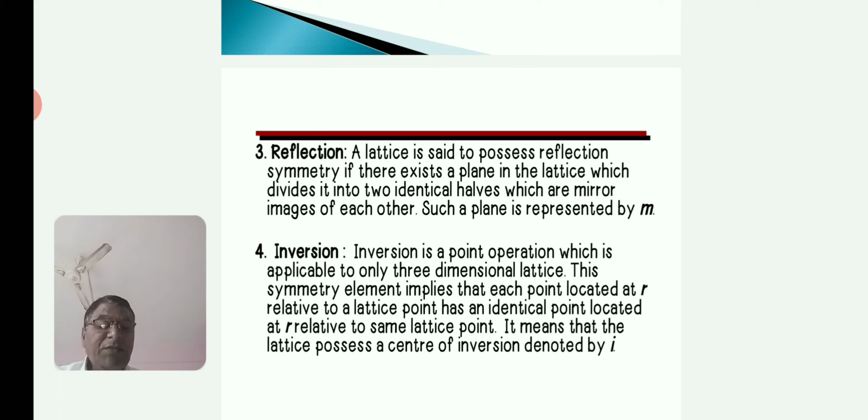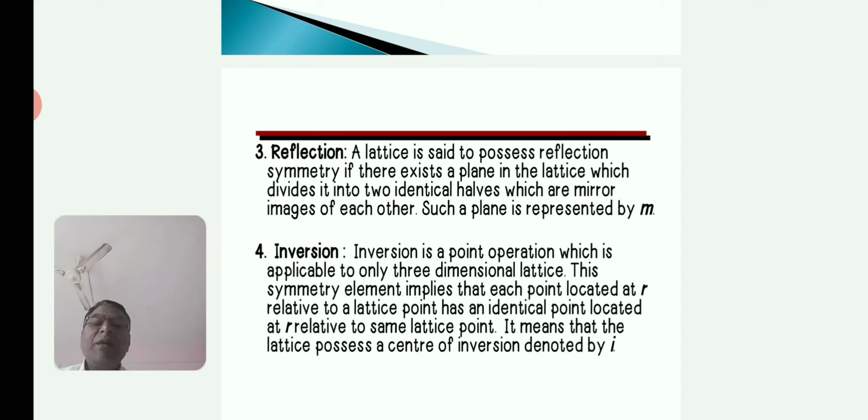The permissible values of n are 1, 6, 4, 3 and 2. Thus, we conclude that five-fold rotation is not permissible because it is not compatible with lattice translation symmetry. Similarly, other rotations such as seven-fold rotation are also not permissible.